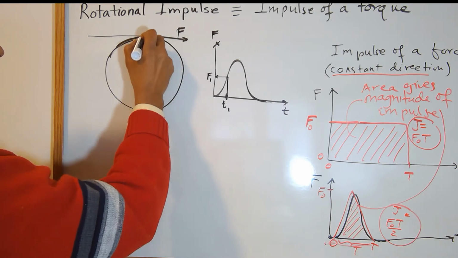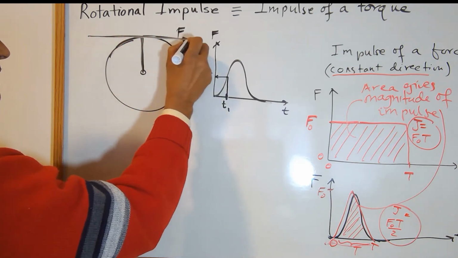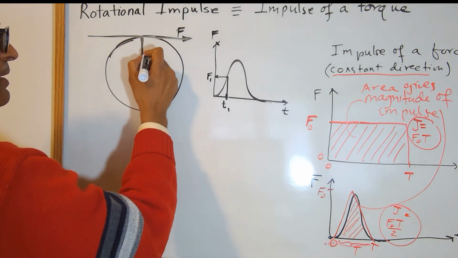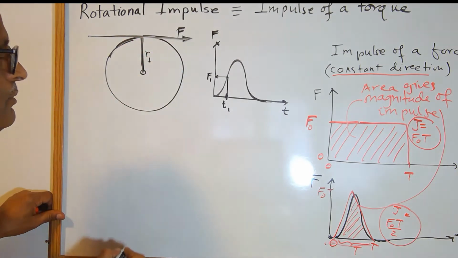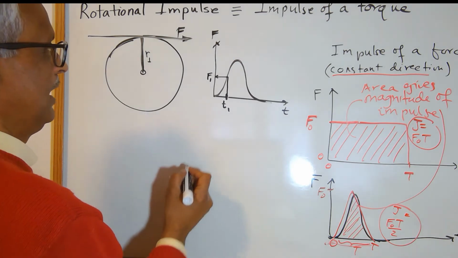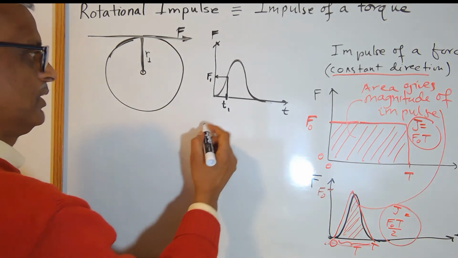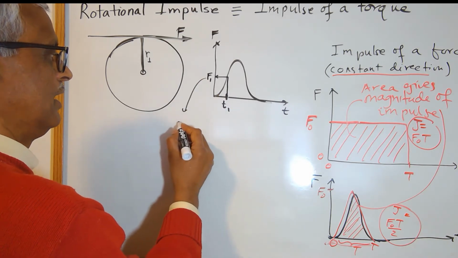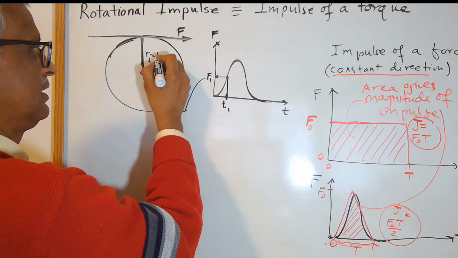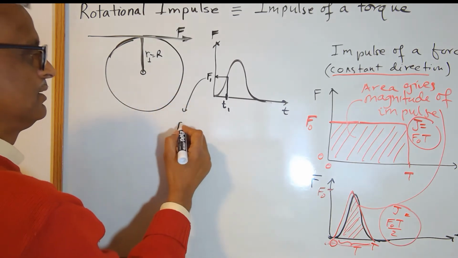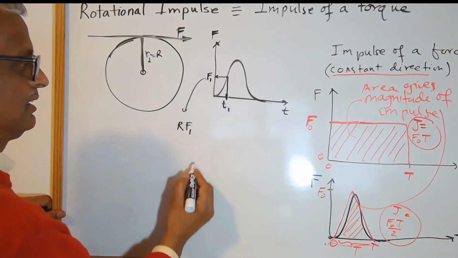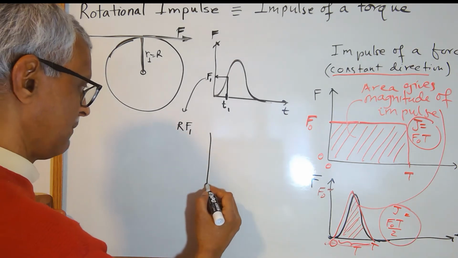If you take the distance to the force and multiply it, you get a torque. So this will give me R, which is R here for this wheel, and R times F1 will be the torque at that instant.